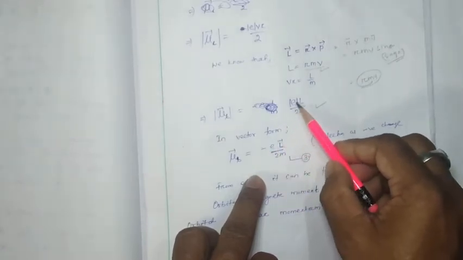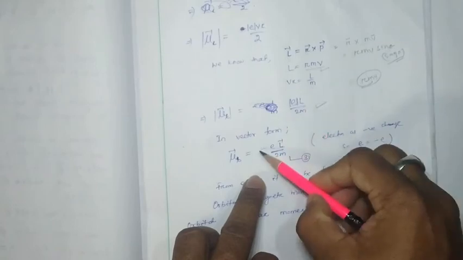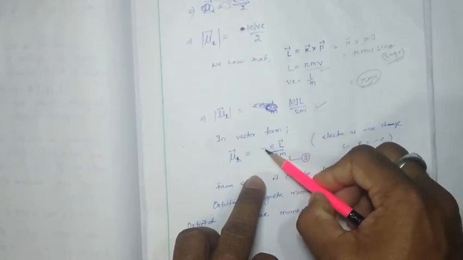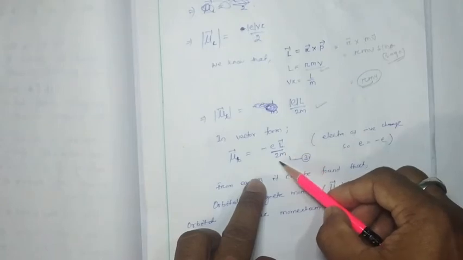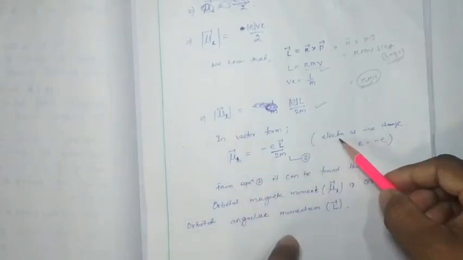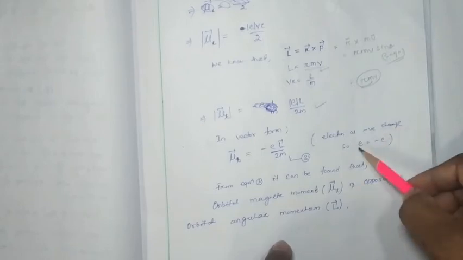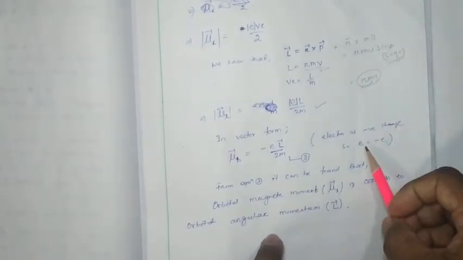Here I consider the charge of the electron as minus. So minus e L vector by 2m, let it be equation number 3, and here the electron has negative charge, hence e equals minus e.